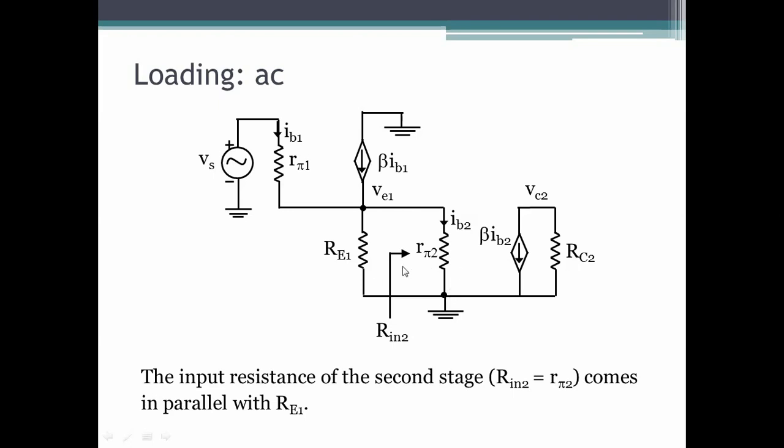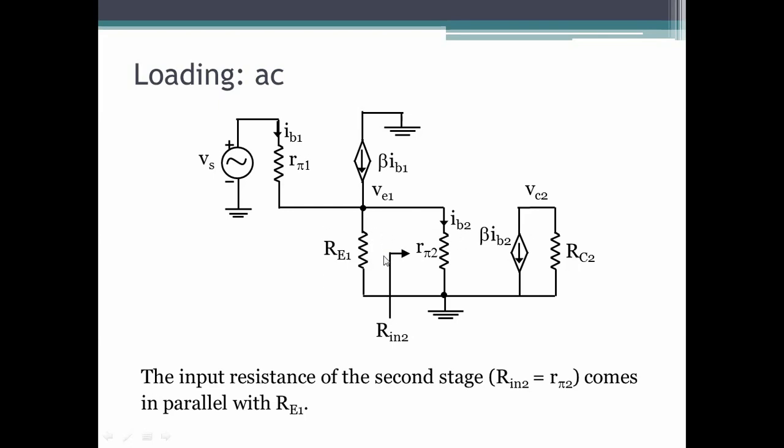Now if you look at this circuit for just a second, what we see is that RE1 and R pi 2 are in parallel. In other words, R pi 2 has come in parallel with RE1 when we connected the second stage to the first stage. Without the second stage, there was only an RE1 here.